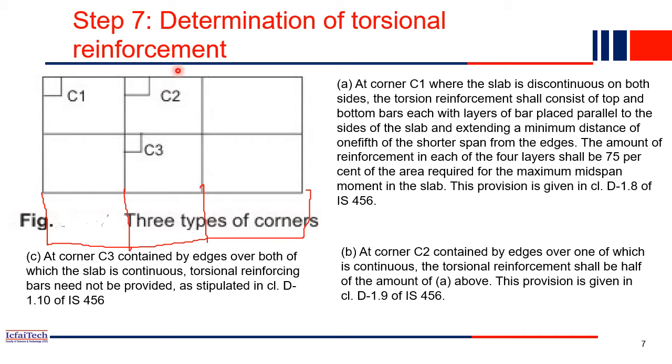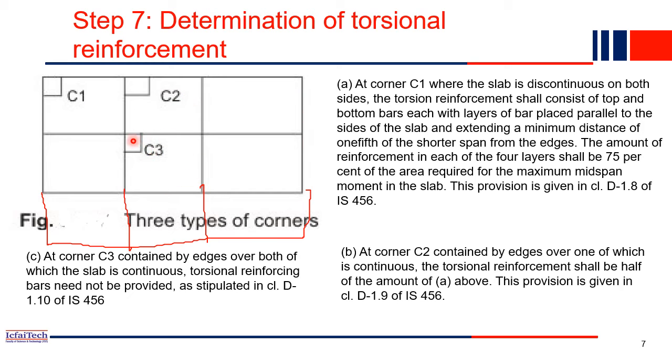But the torsional reinforcement, the corner reinforcement, has to be provided in the case of C1, C2 or the edge panels, because the edge panel tries to come up, to lift up, when you apply the load on a slab. That's why we have to provide the torsional reinforcement at these edge panels, not the middle panel.